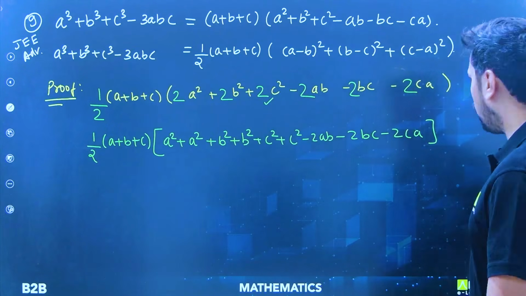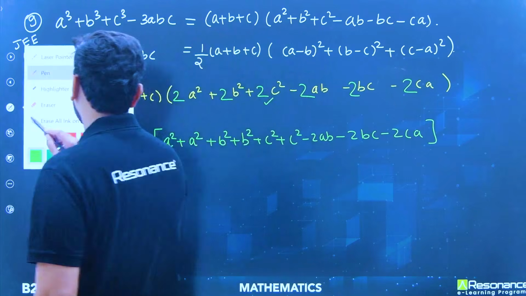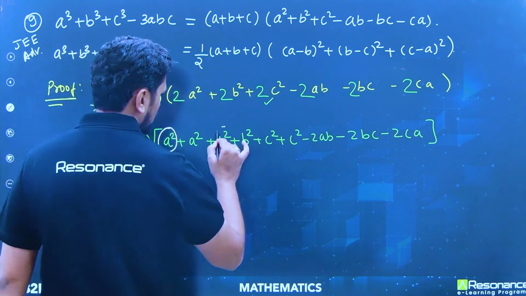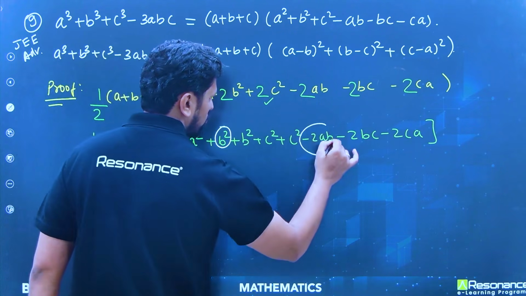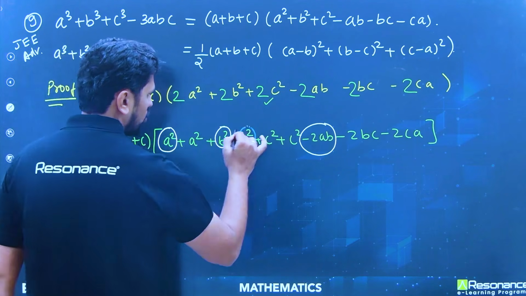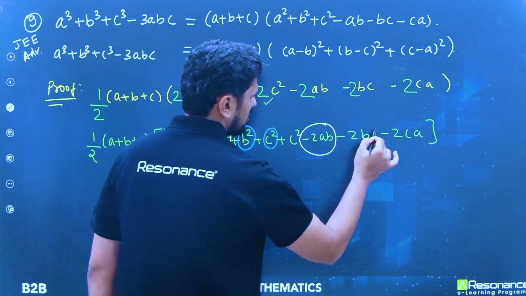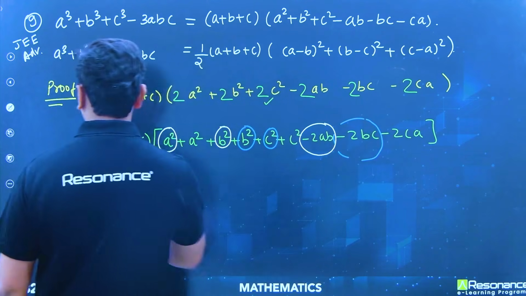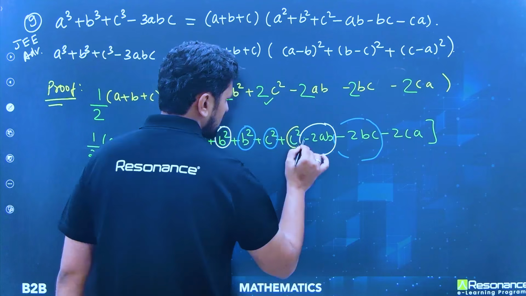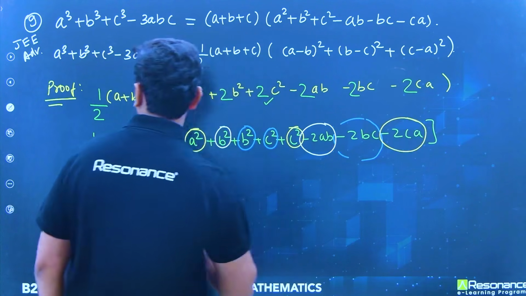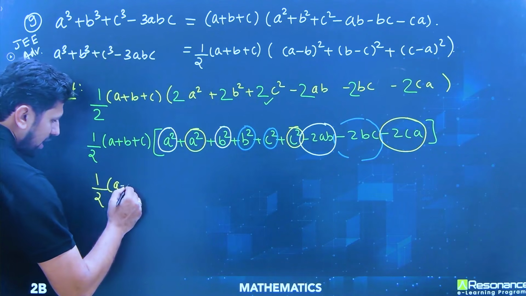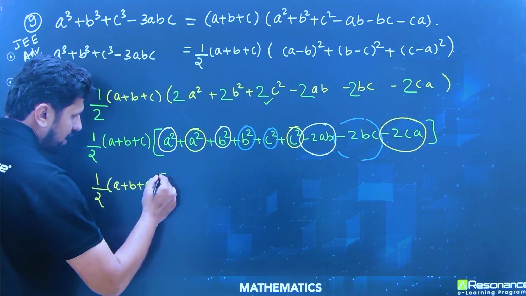Now I will make combinations here. a² + b² − 2ab as one combination. Then b² + c² − 2bc as one combination, and a² + c² − 2ca as one combination. So it will be half of (a + b + c), already written here.